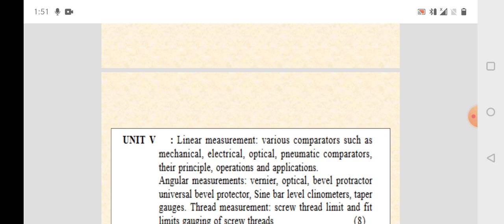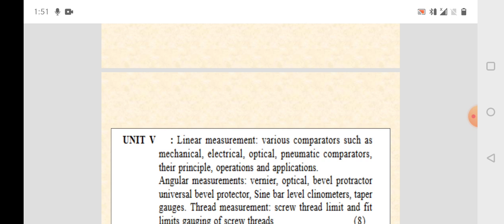size. If some mass production is going on and we are inspecting the parts, checking the dimension, once the comparator is set to the master reading, that is the basic size, it can detect the variation in the various parts from the basic size.